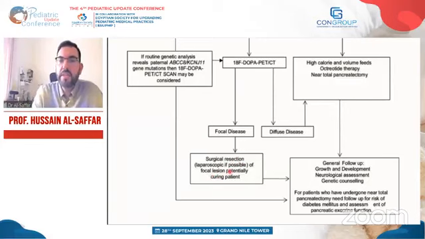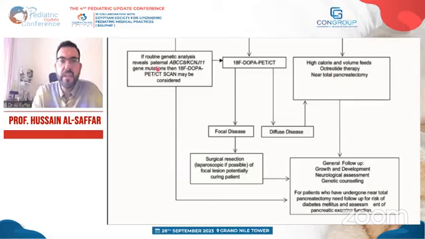That potentially leads to curing of patients, but there's no guarantee. However, if the scan shows diffuse disease, then we go back to the square where patients would have high calorie and volume feeds plus octreotide, and if that fails, then we move to near total pancreatectomy.